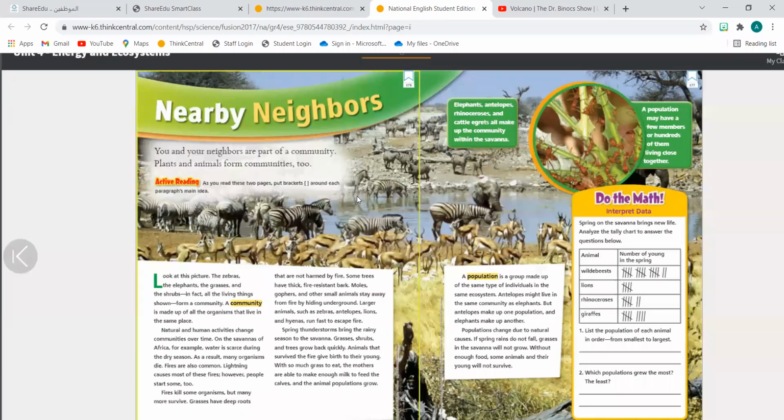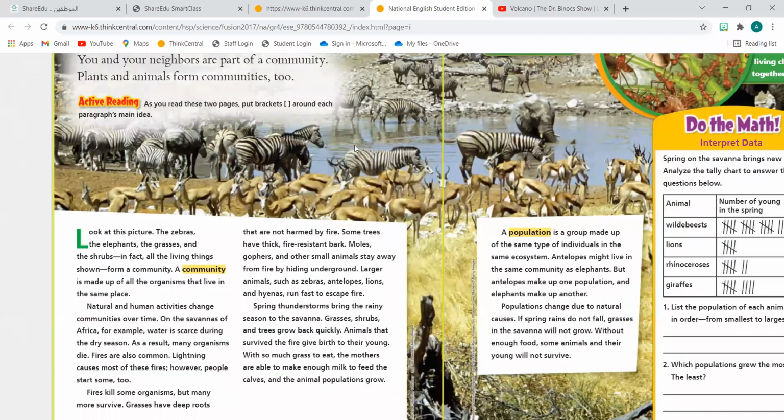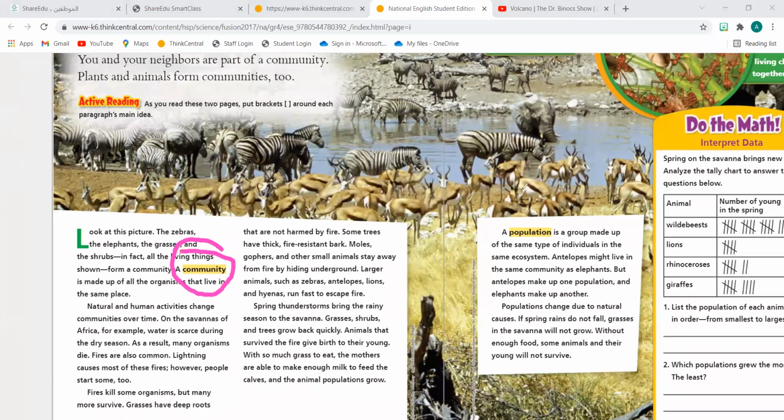They make up a community. So now, do you understand the difference between a community and a population? Okay, which is bigger, the population or the community?